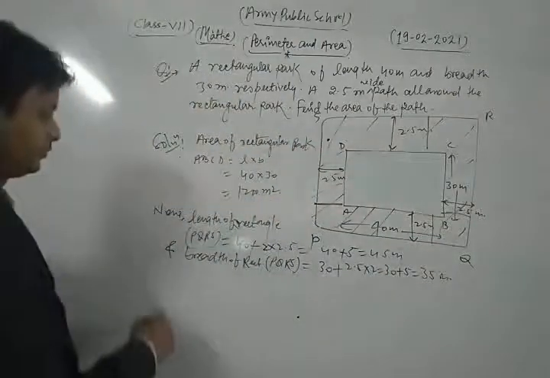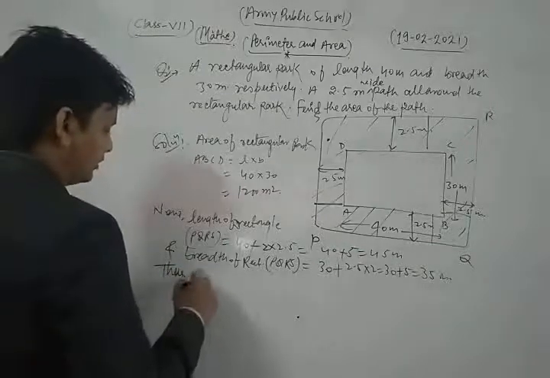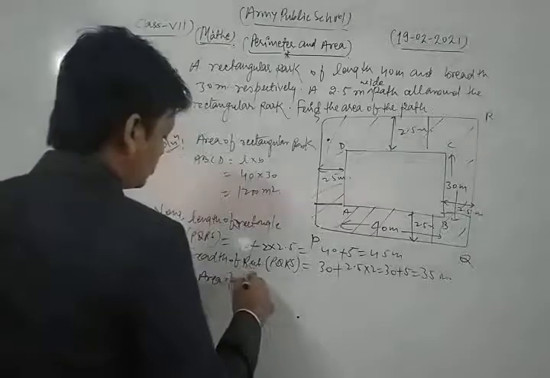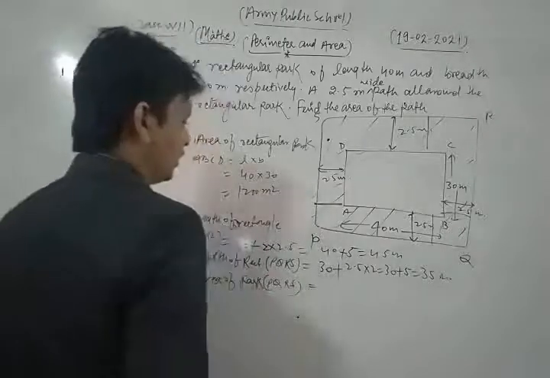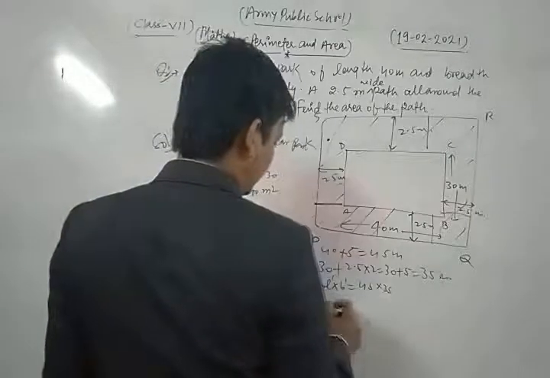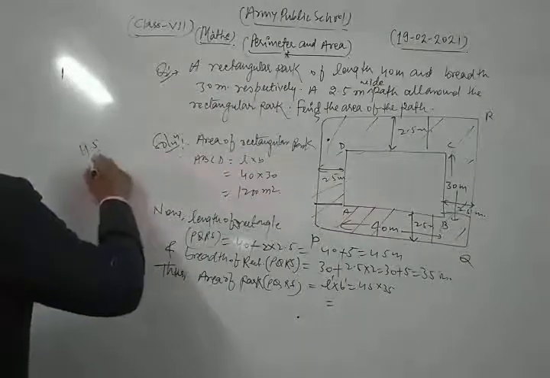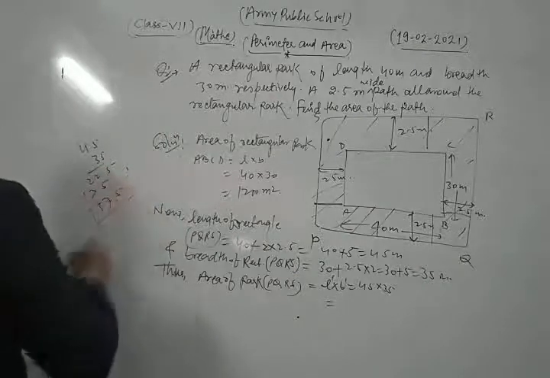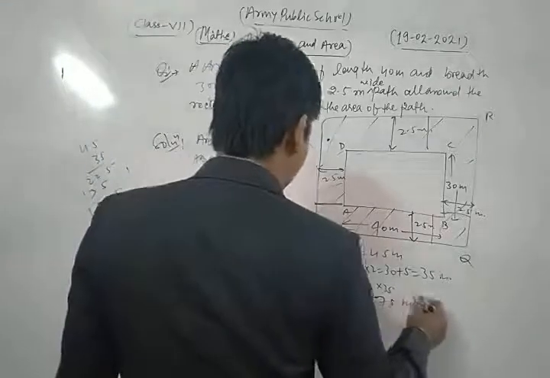Okay, thus area of rectangle PQRS is L dash into B dash, that is 45 into 35, which is 1575 meter square.